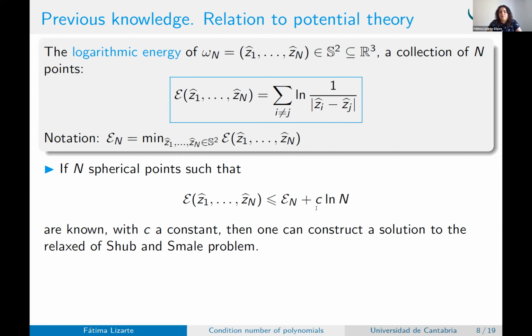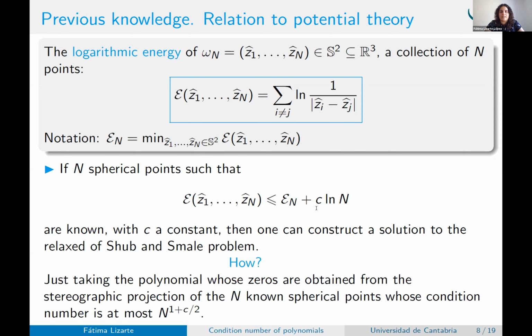How? Well, first, keep in mind that the stereographic projection is a map that allows us to uniquely identify points on the sphere with points in the complex plane. So the solution is just taking the polynomial whose zeros are obtained from the stereographic projection of the n known spherical points, whose condition number is at most this quantity. However, finding a collection of spherical points satisfying this condition is an even more difficult problem than ours.